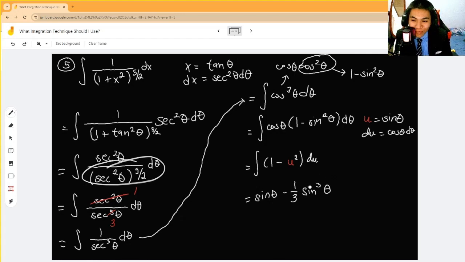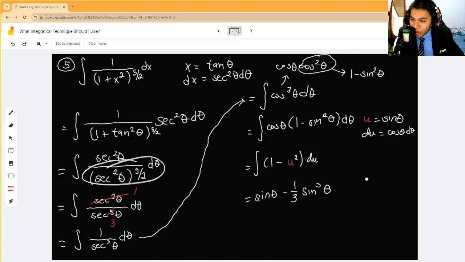This is Trig-Sub. Okay? And now, since this is trigonometry, of course we apply trigonometry here. We know that sine theta is equal to the opposite over the hypotenuse. Okay? So, what can we do from here? Right.